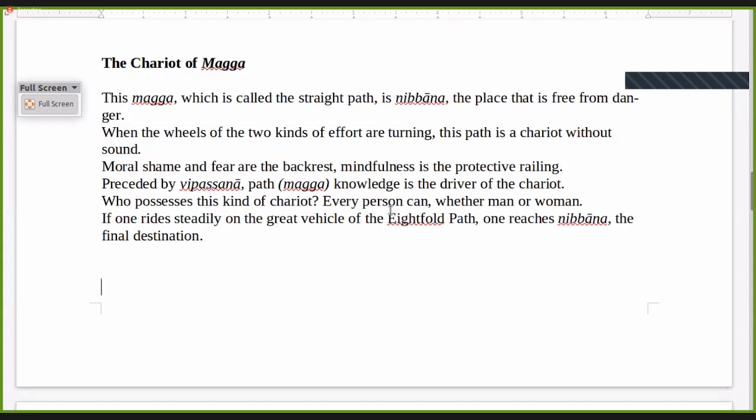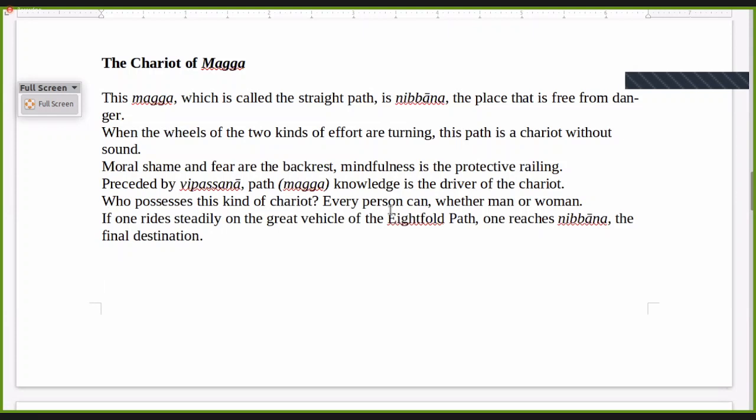Page number 2, the chariot of mega. This path, which is called the straight path, is Nibbana, the place that is free from danger.